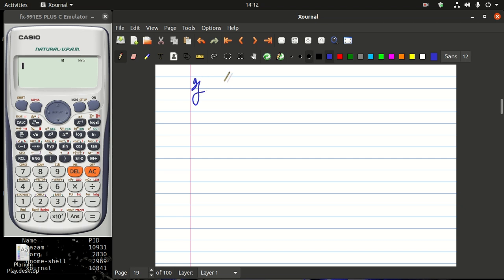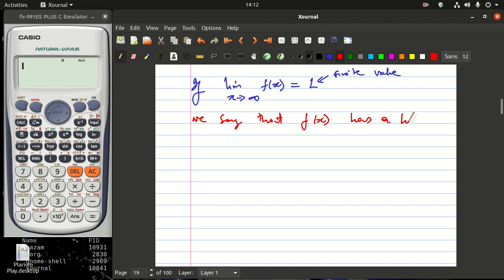If the limit as x approaches positive infinity of f of x is equal to L, where this L is a finite value, we say that f of x has a horizontal asymptote at y is equal to L. Remember that this value here belongs to the output, so it is our y, not the x.